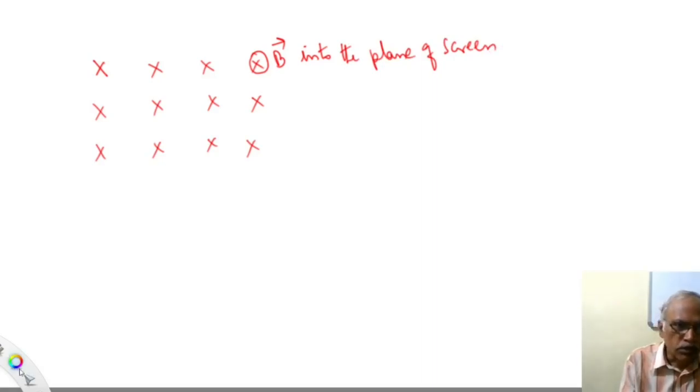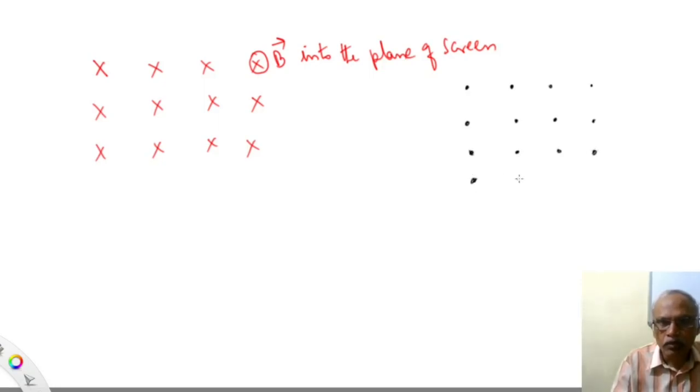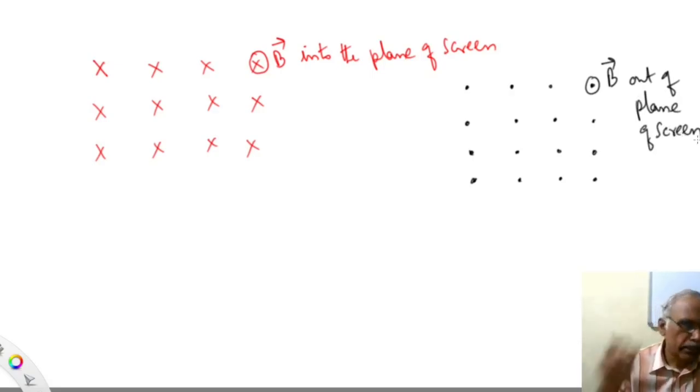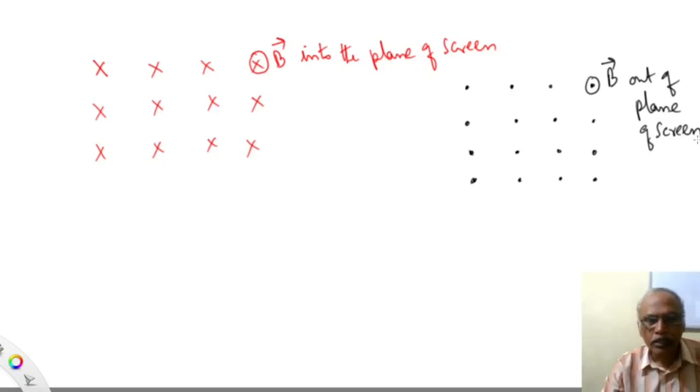If you put dots, dots indicate the magnetic field is out of the plane of paper, out of the plane of screen, not into.